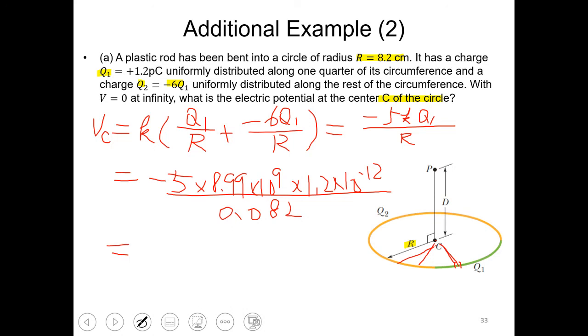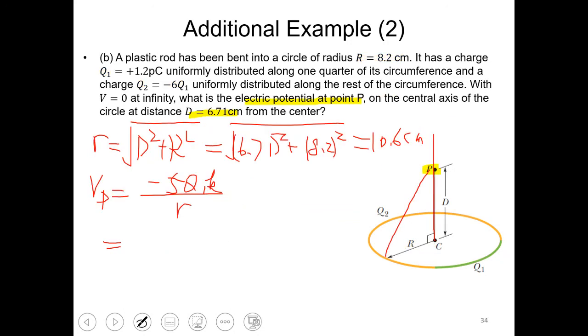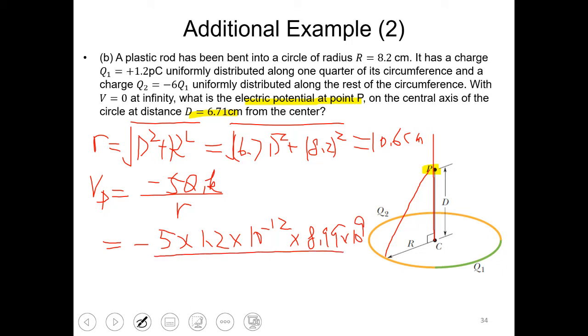So this voltage would be minus 2.3 volts. And then for this one, it should be minus 5 times 1.2 times 10 to minus 12 times 8.99 times 10 to 9 over 10.6 centimeter, which is 0.106 meter. So this one would be minus 1.78 volts.